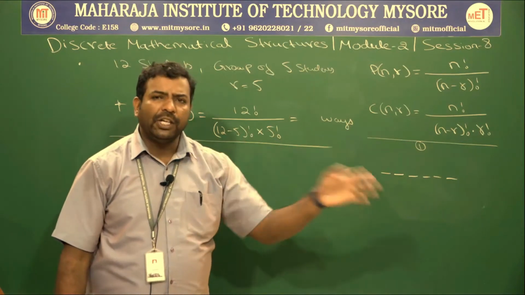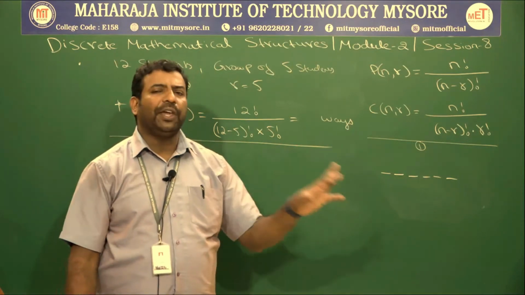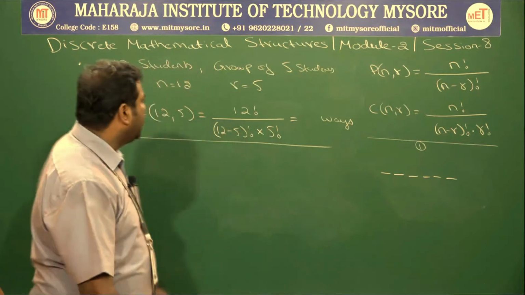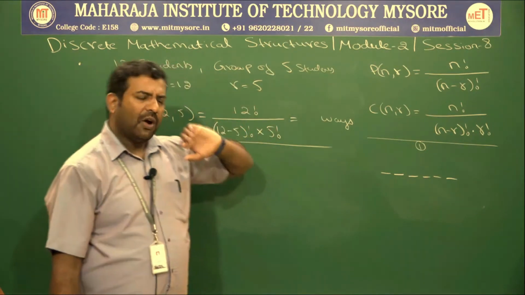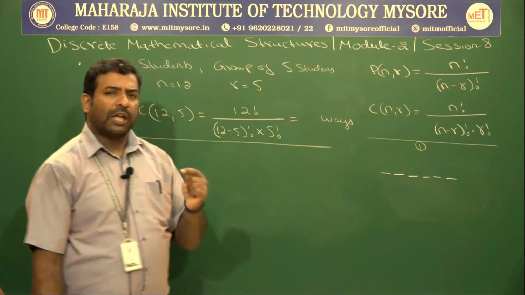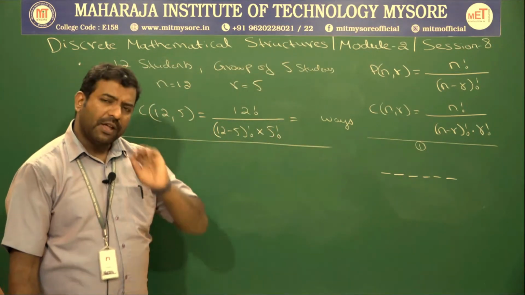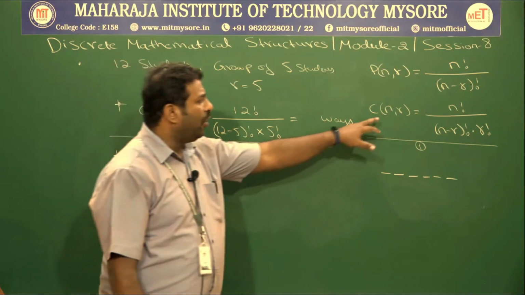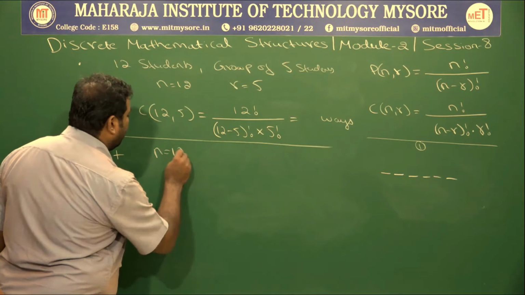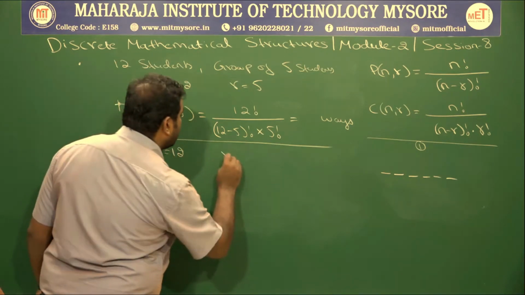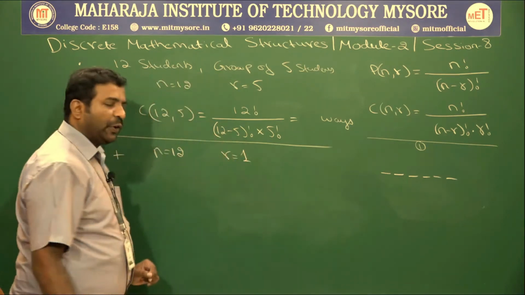Hence, I am going to think about permutation or combination, because I want to pick only one student. Let me stick to combination, and I am going to say n is going to be 12 and r is going to be 1 at this point of time.